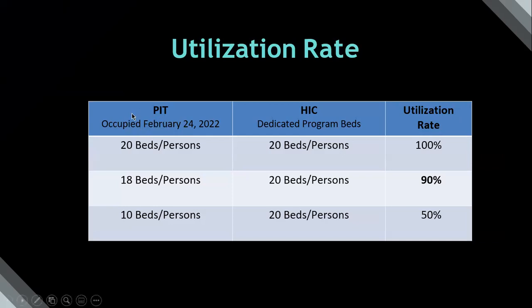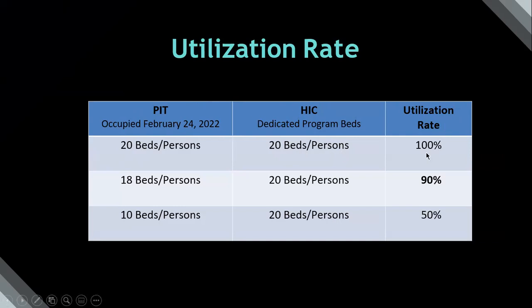So our PIC count is actually on February the 24th. As far as our HIC count, how many dedicated beds does a project have? Beds are equal to persons. So let's say a program has 20 beds dedicated to those experiencing homelessness. On the PIC count date, all 20 of those beds were full.